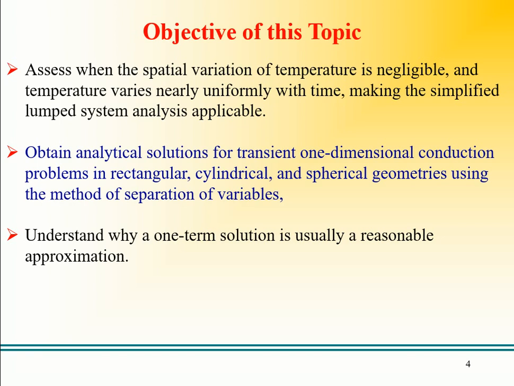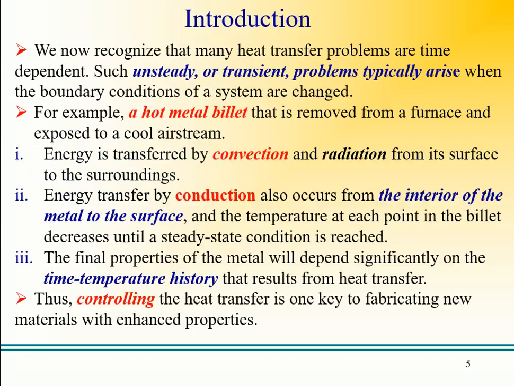And then understand why the one-term solution is usually a reasonable approximation. Why we get the solution in only one term: because it is easy to understand and to find the approximate value of the heat transfer.